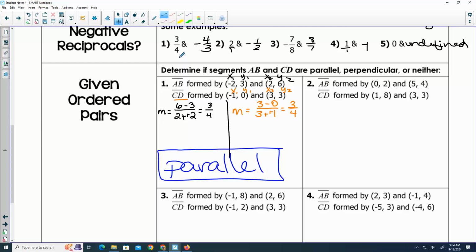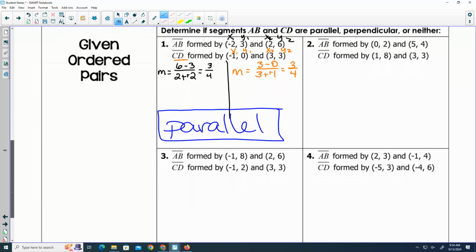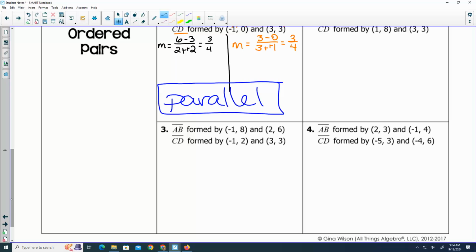Let's do another one together. So number 3. Slopes. This is like my x1, y1, x2, y2. So for the first one, y2 minus y1 over x2 minus -1.